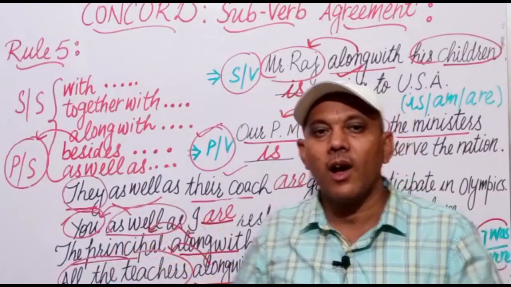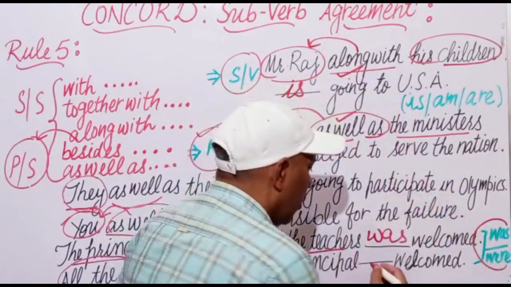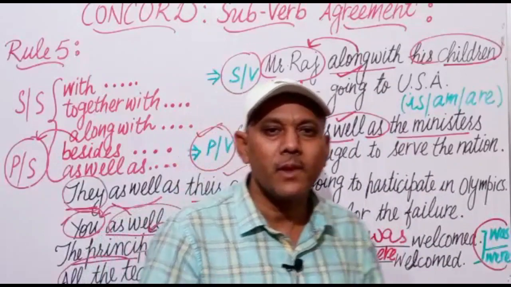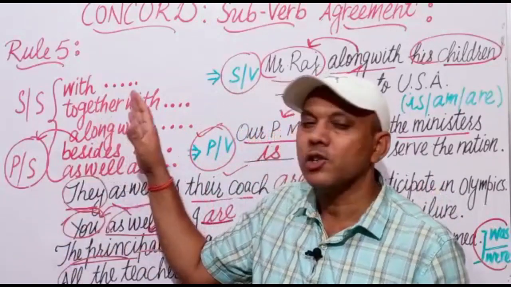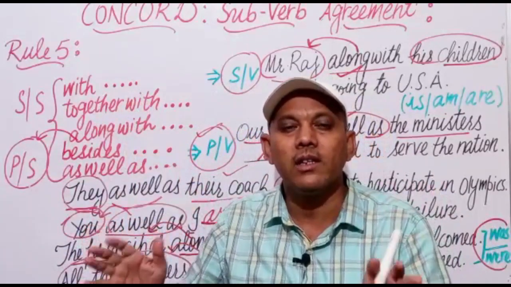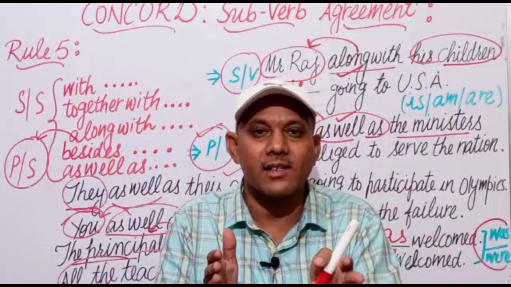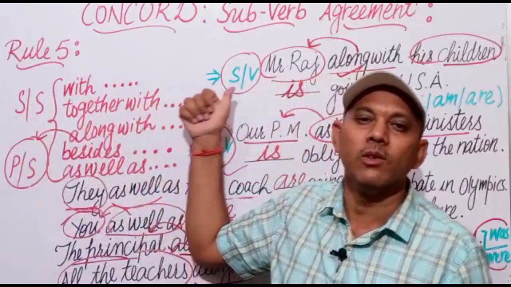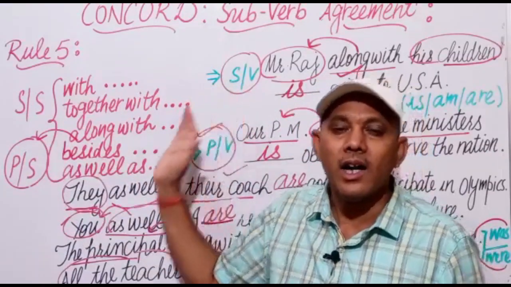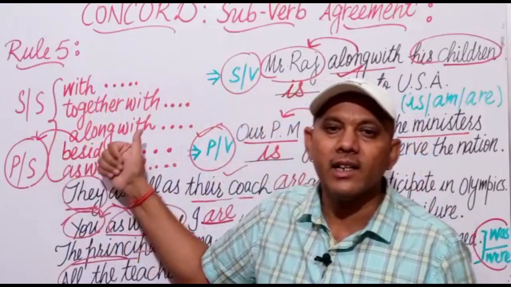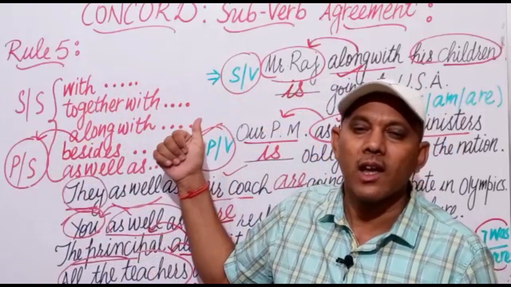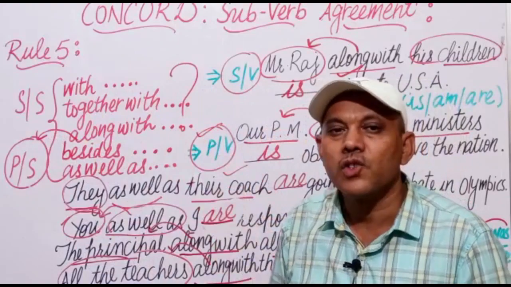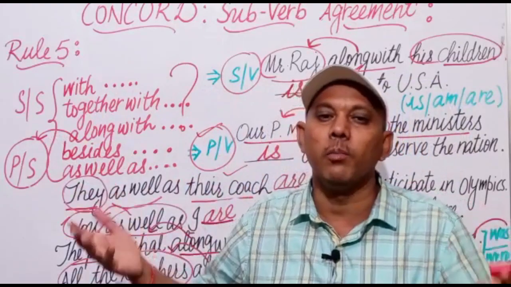All the teachers along with the principal were welcomed. इस प्रकार से यदि with, together with, along with, besides, as well as इनसे पहले सिंगुलर सब्जेक्ट है तो हम सिंगुलर वर्ब का यूज करेंगे. अगर इनसे पहले प्लूरल सब्जेक्ट है तो हम प्लूरल वर्ब का यूज करेंगे. हमें इनके बाद वाला सब्जेक्ट नहीं देखना है, चाहे वो सिंगुलर है चाहे वो प्लूरल है.